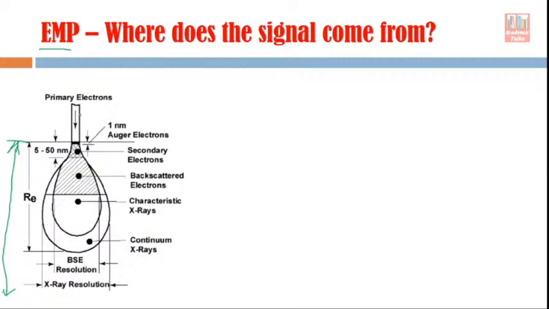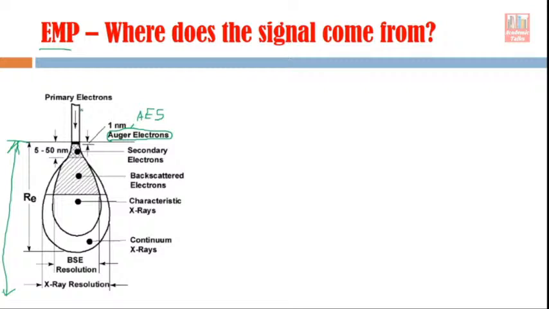When this electron beam interacts with the surface, the Auger electrons come out of the sample from the near surface area. The Auger electrons come out within the few nanometer portion of the top surface, and if we analyze these electrons, they give rise to the AES technique, Auger electron spectroscopy, which is a very powerful technique to characterize the sample surface.